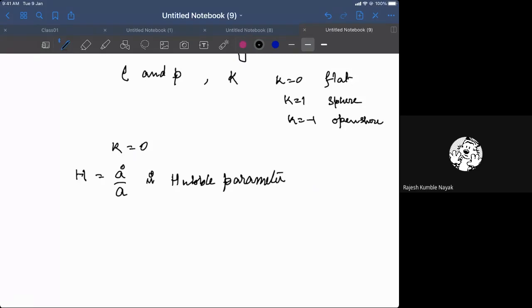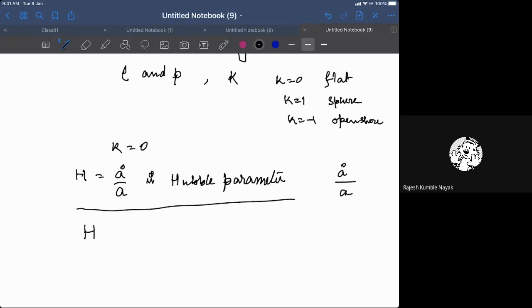Now, one of the biggest confusions in cosmology you would see, it's not really a confusion, it's a problem of nomenclature. a is a function of time. a dot by a is also a function of time. That is what is defined as the Hubble parameter.